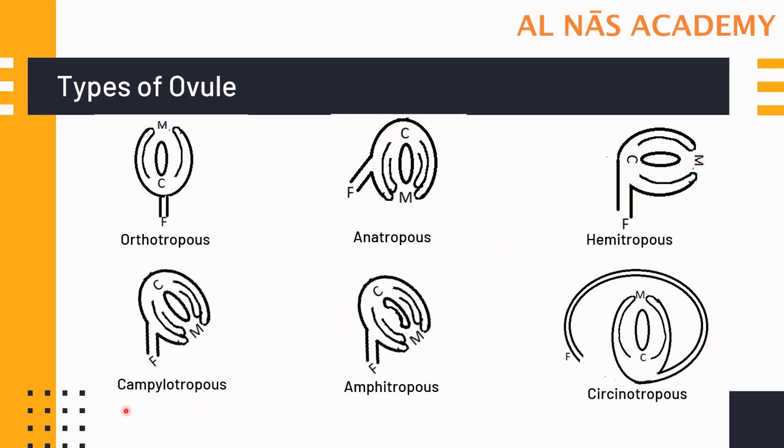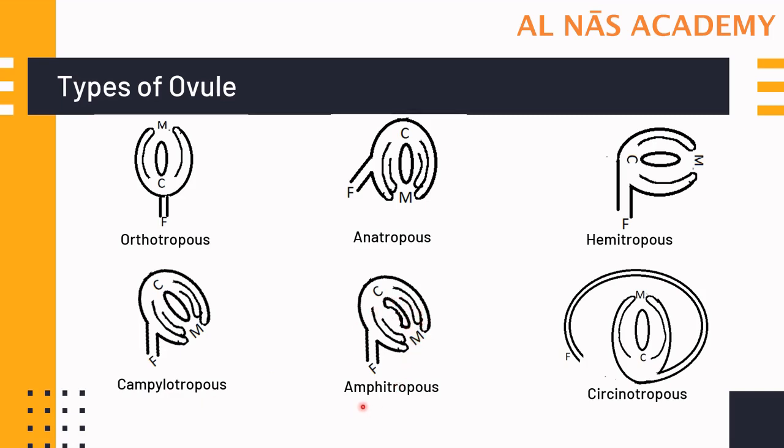The fourth one is the Campylotropous ovule. In the Campylotropous ovule, the position of the micropyle is somewhere between Anatropous and Hemitropous, and the micropyle and chalaza do not lie in the same alignment. The fifth one is the Amphitropous ovule, which is similar to the Campylotropous ovule, but over here the embryo sac also becomes curved.